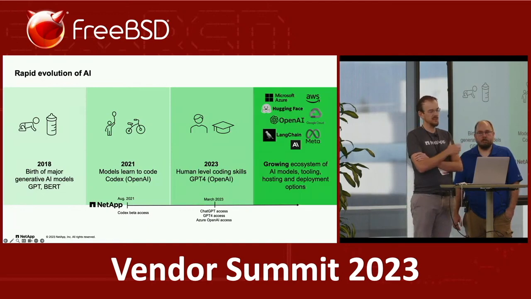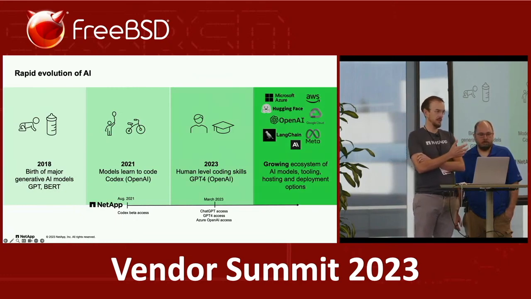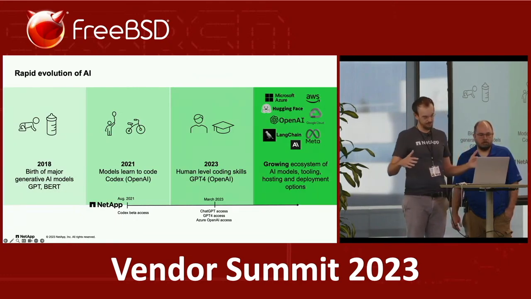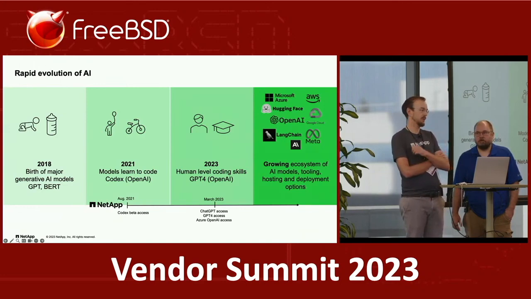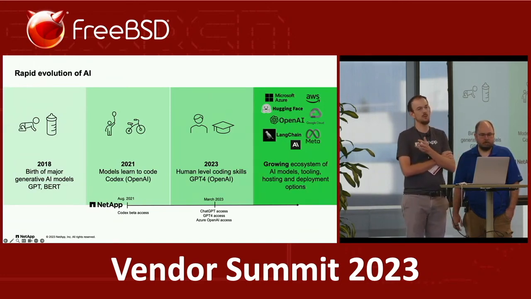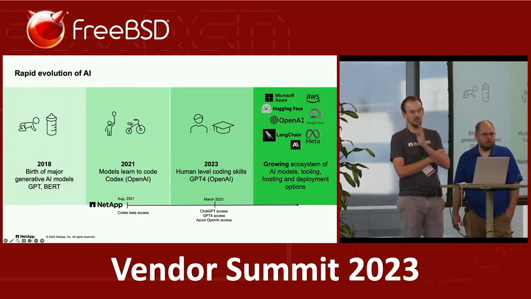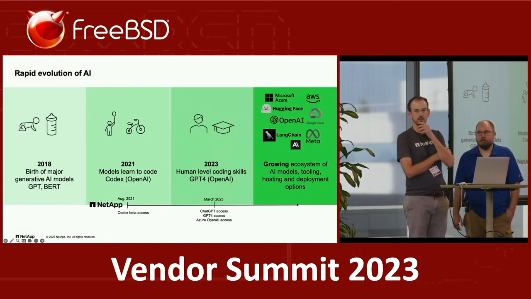We got GPT-4 access, we got Azure OpenAI access, and ChatGPT came at the same time. All of these exciting things happened at the same time. Ever since, the ecosystem around AI has been growing, whether it's new models, new ways to host and deploy it, libraries. I put some logos on there. It's very hard to keep up, frankly, with what's happening.